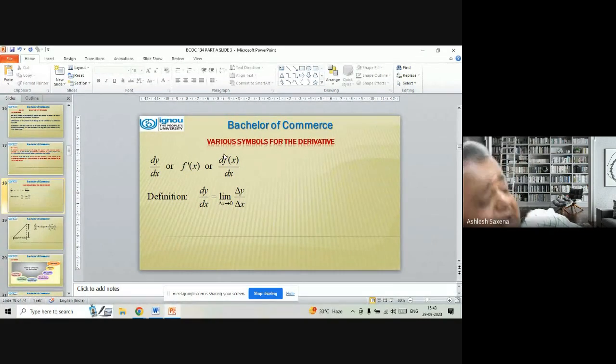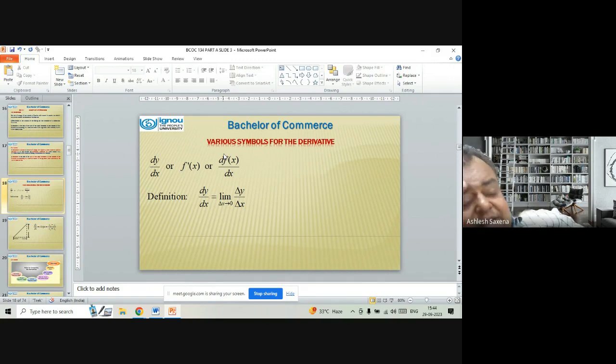Now the question arises how we reach dy by dx. By definition, when we apply some small increment with y, the small increment will be delta y, and in the denominator we have a small increment of delta x.